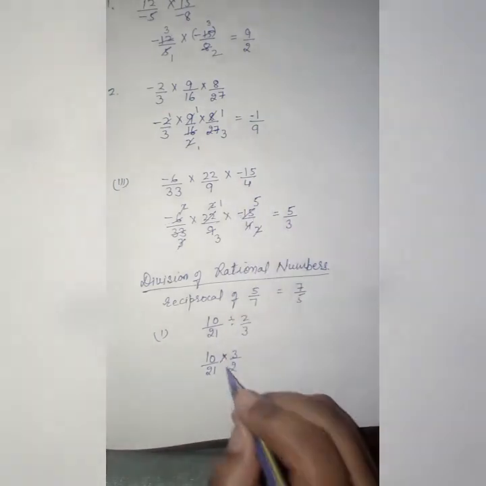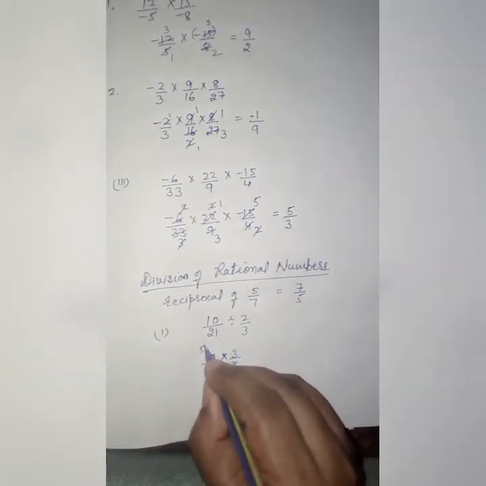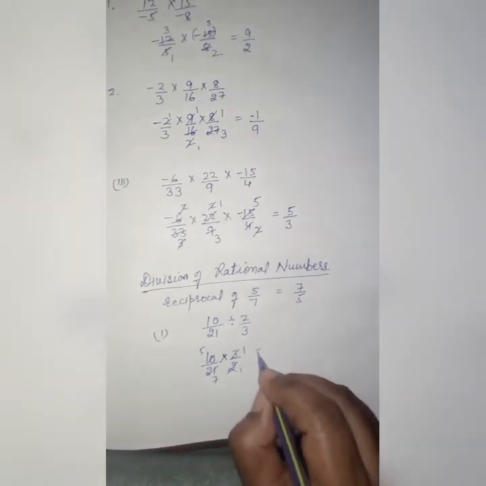Then you will solve as you have done in multiplication. If you can simplify, you will simplify. 2 5s are 10, 3 1s are 3, 3 7s are 21. So the answer is 5 upon 7. In this way you will do it. Now I am taking one more example.